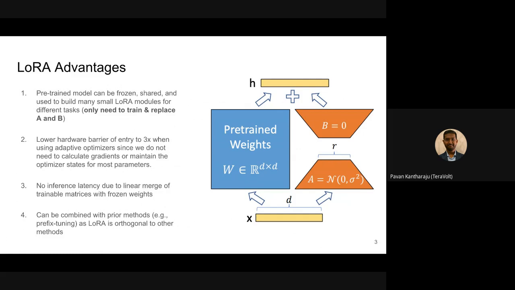And finally, LoRA can actually be combined with other prior methods. It can be used with adapters. It can also be used with prefix tuning because it doesn't directly conflict, or it's orthogonal to those methods. And for this paper, the models are restricted to transformer models, so things like GPT-2, GPT-3, and so on.